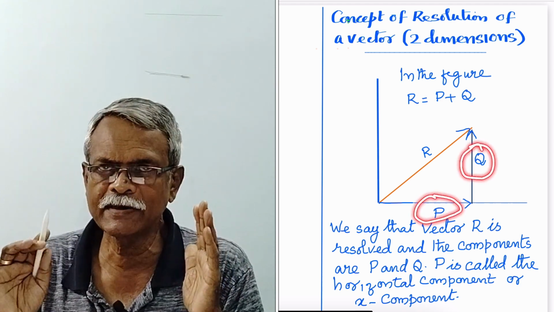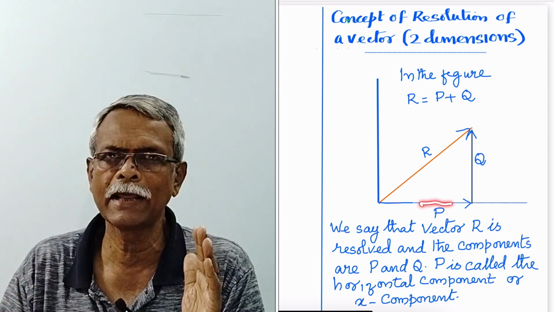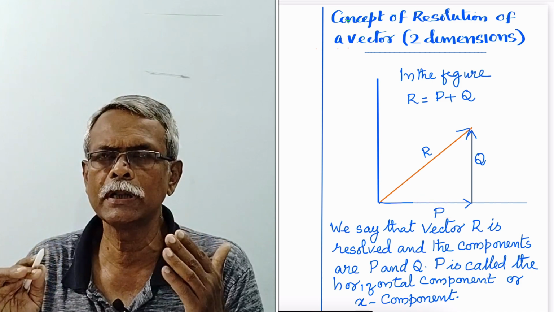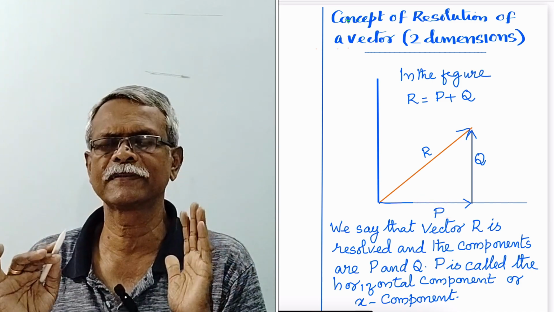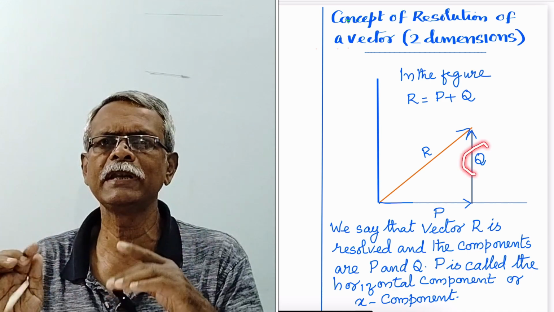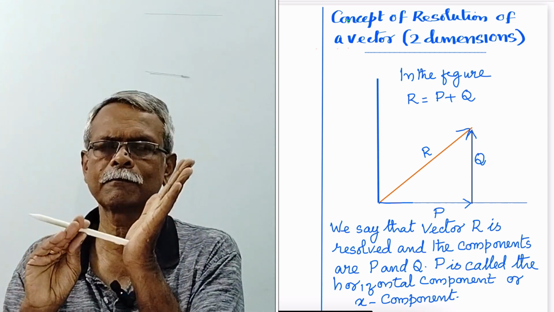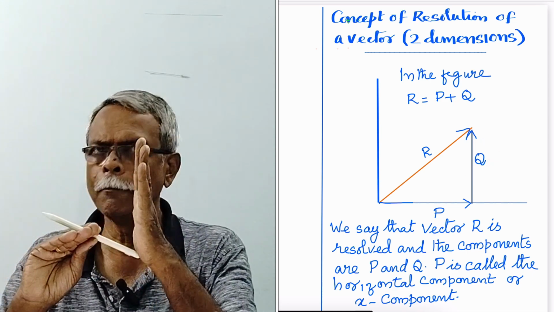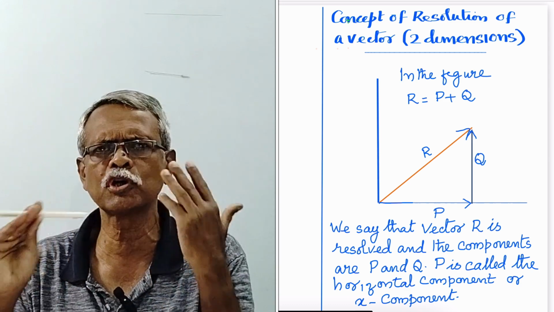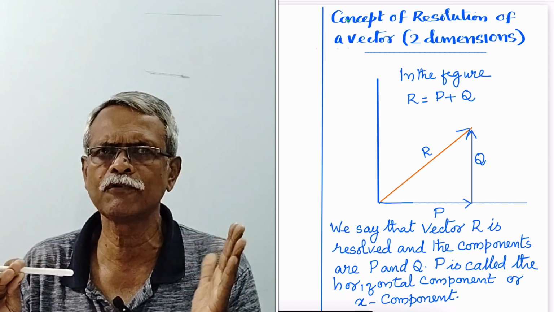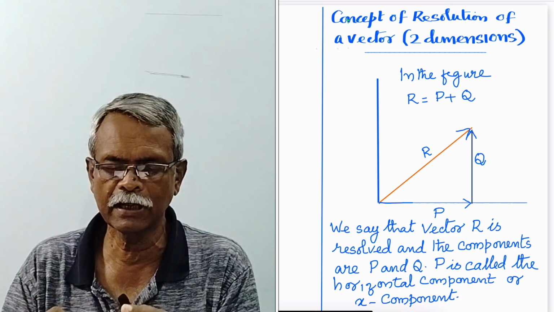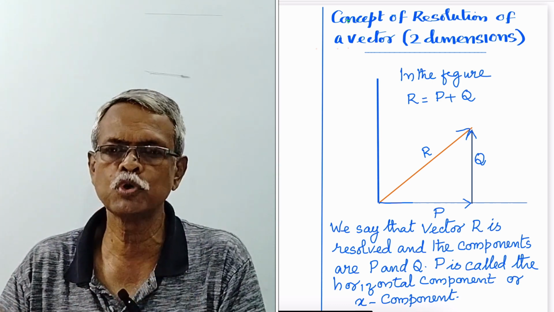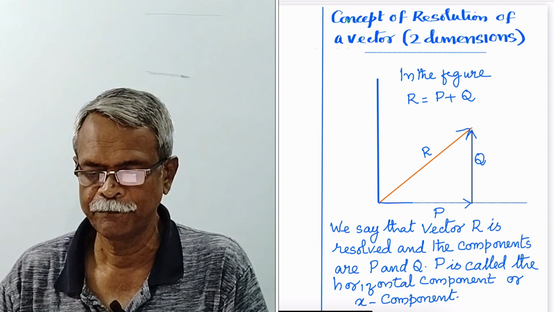Therefore, a vector resolved in this manner is usually called resolution into rectangular components. Rectangular means that they are mutually perpendicular. It need not be, it can be oblique, but most of the applications are for mutually perpendicular resolution. The vectors are resolved into two mutually perpendicular directions.